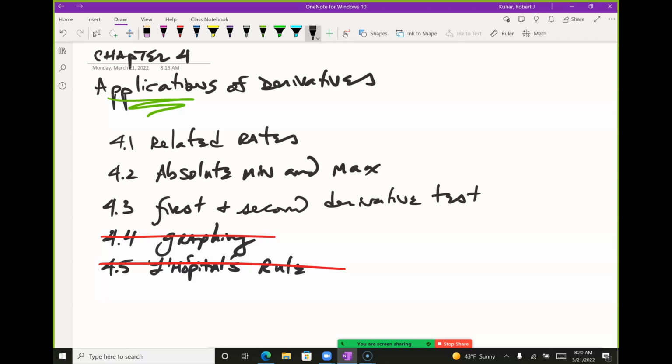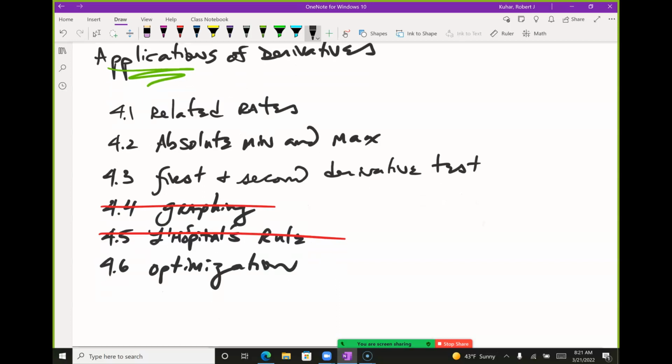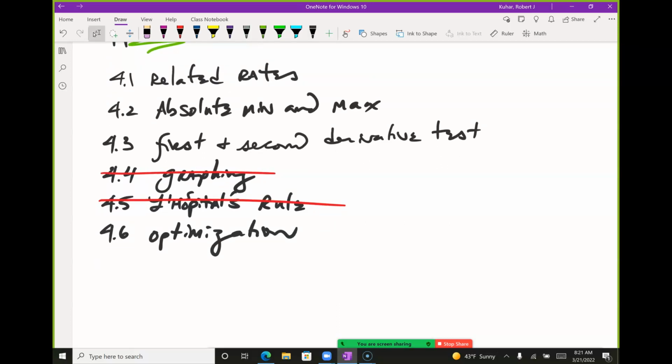But since we're using a calculator, we'll kind of pretend that you don't know how to graph without a calculator. 4.6 is optimization. And I think that's it, because 4.7 is our project. 4.7 is Newton's method.